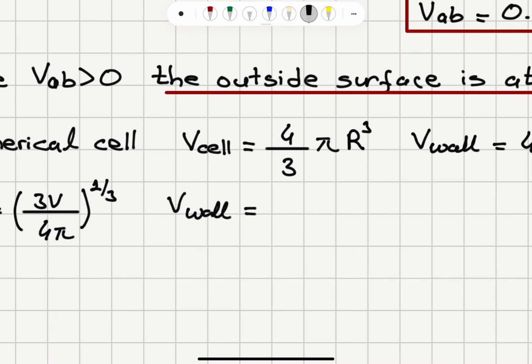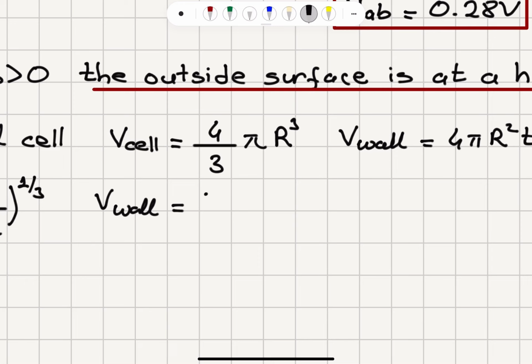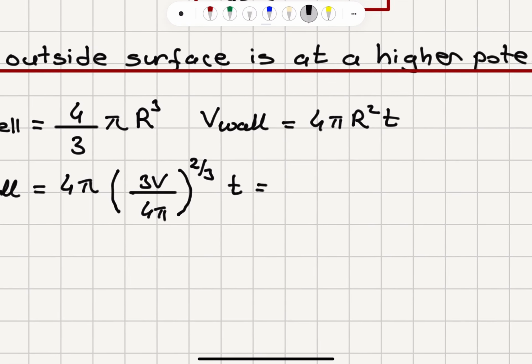So with that, the volume of the cell wall becomes 4 pi R squared T. So it's going to be 4 pi, 3V over 4 pi to the power 2/3, because it's R squared, multiplied by T. And this is equal to, if I put this 4 pi inside this parentheses, it's going to be 4 pi to the power 3/2.